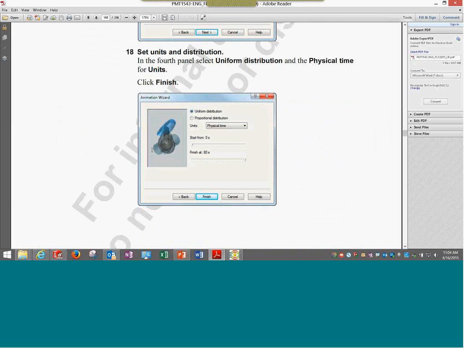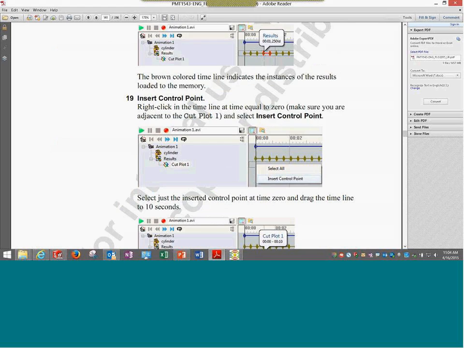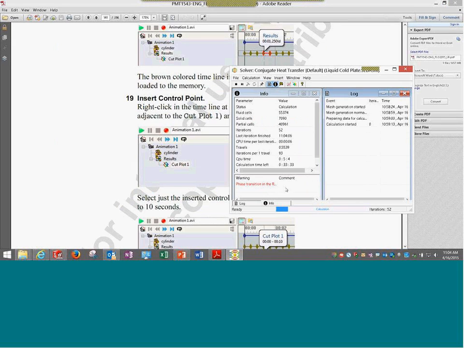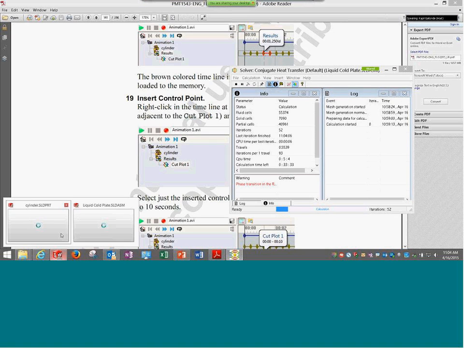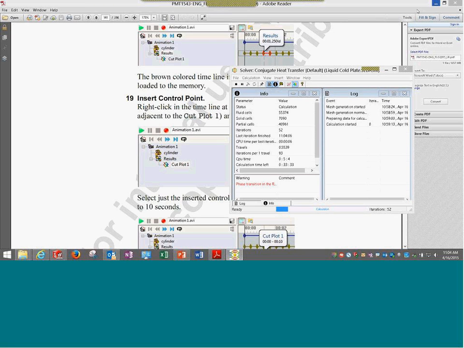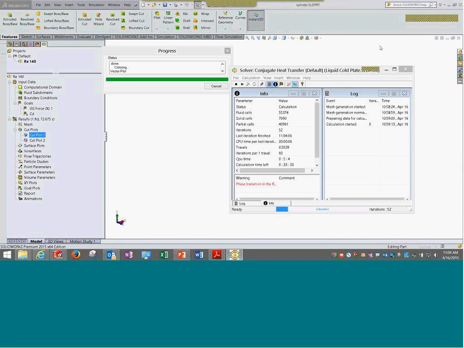My machine is struggling with two solutions going on. If the plot is also decent enough, I can stop. Let's see what it does.